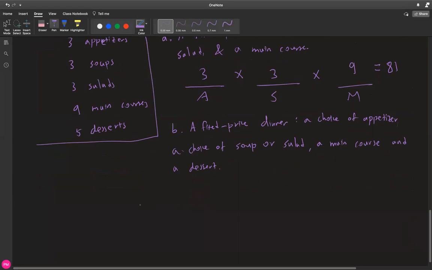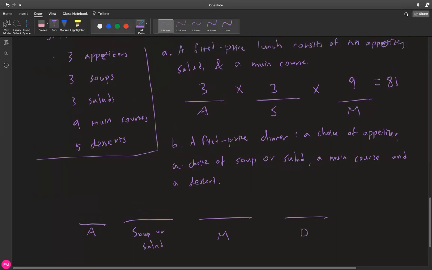So the same logic applies here too. We have a choice of appetizer, and in this case, soup or salad, and we also have a main course. And lastly, we have a dessert.